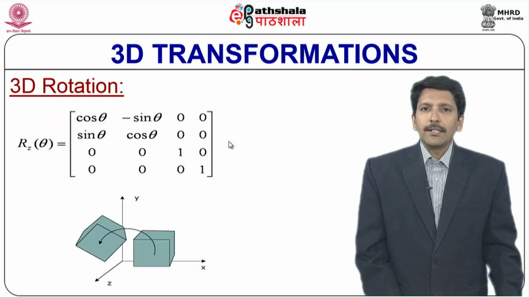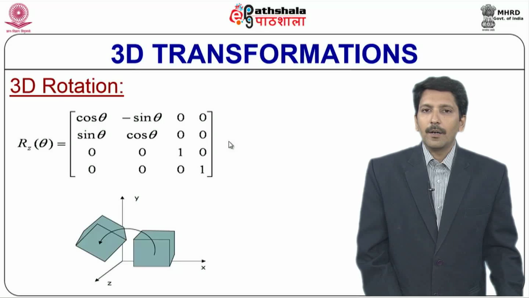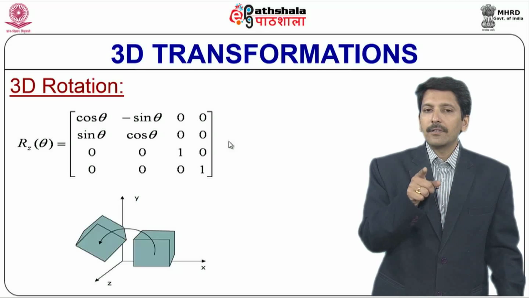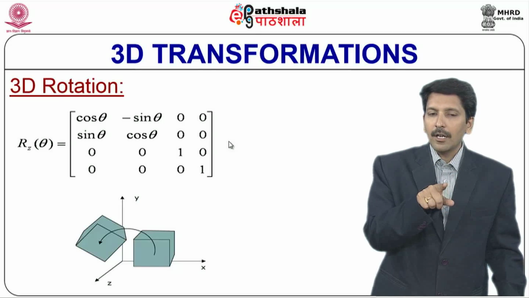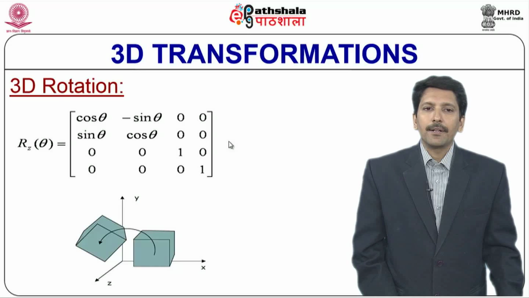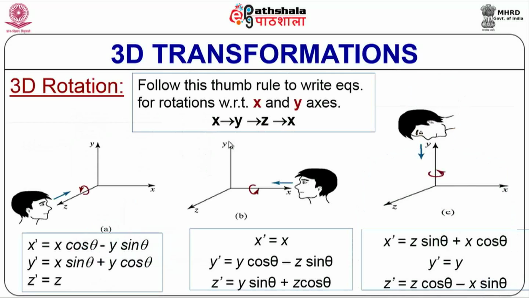So, it is shown there in a diagram which shows what is positive. When you are viewing along the negative z direction, the anti-clockwise rotation about that axis is positive, which is indicated with the notation R, rotation, Z axis, theta is the angle of rotation.